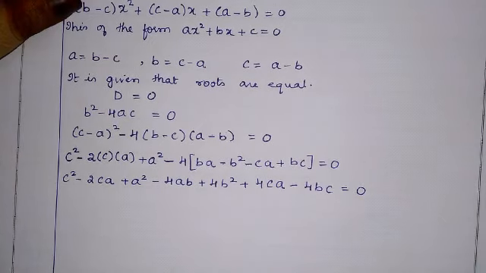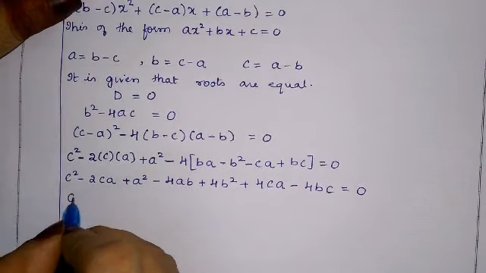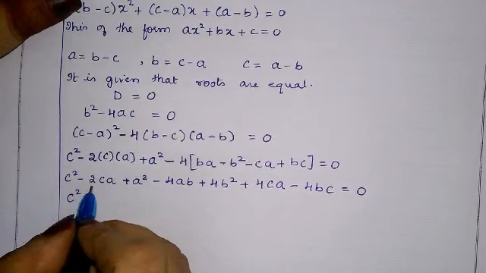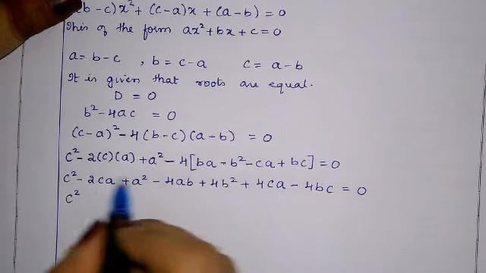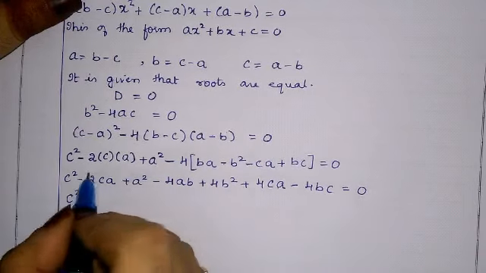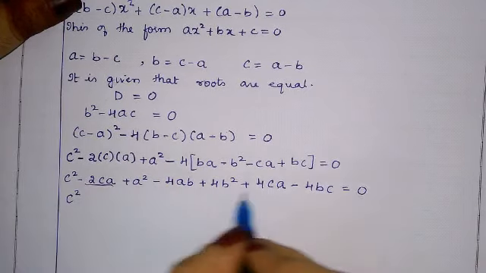Okay, now we can see here c square as it is. Here 4ca and 2ca are like terms.